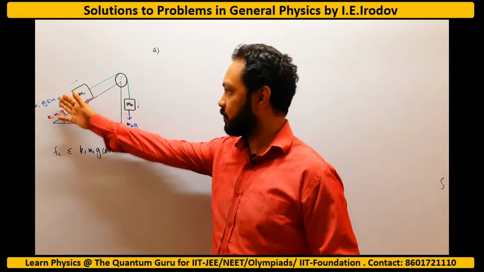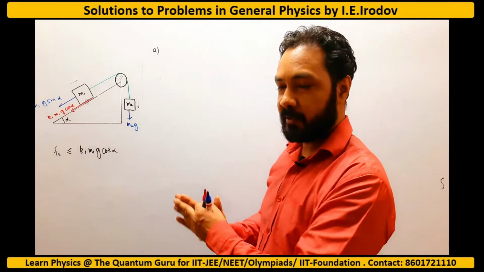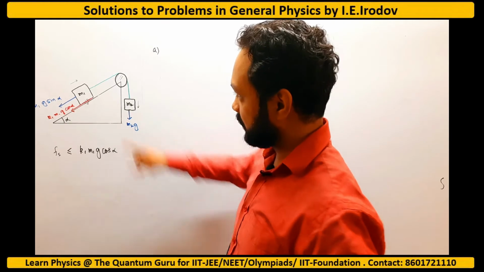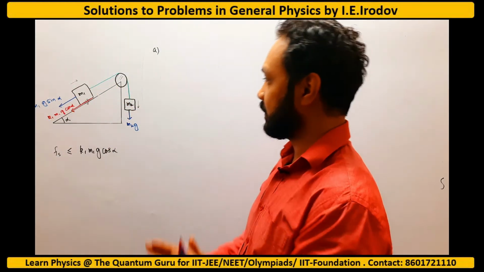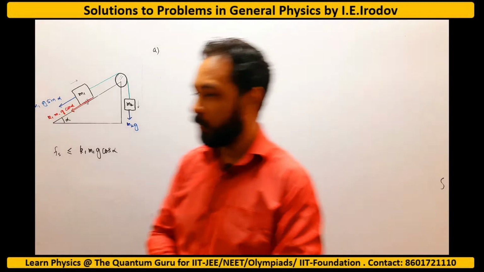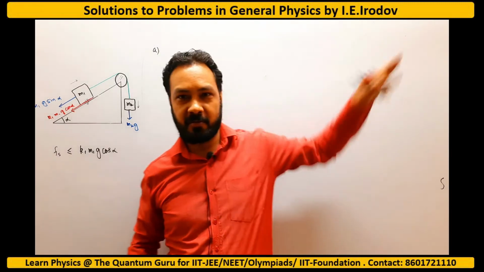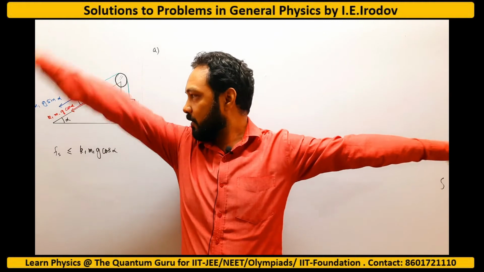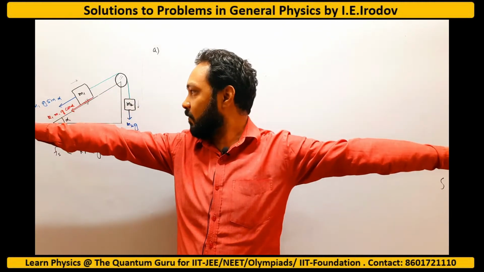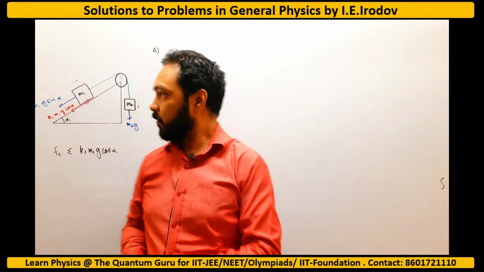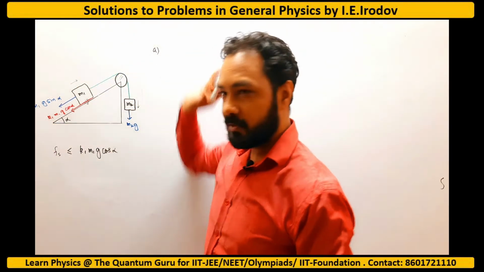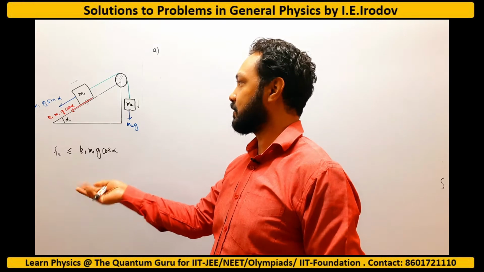So if we balance all the forces along the incline, I can straighten the whole thing. So this tension will balance these two, and this tension will balance this thing, and adding all, if we look at m1 plus m2 as a whole, in this direction m2g, in this direction m1g sine alpha plus k m1g cos alpha, and they will balance each other for this to be at rest at this moment, and it is just about to go up.